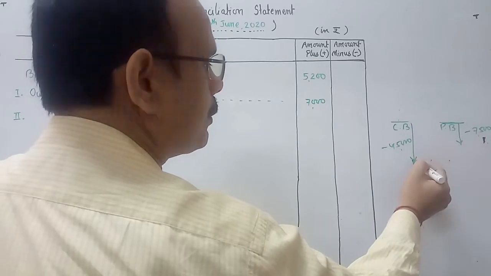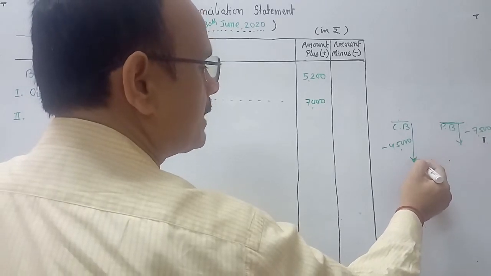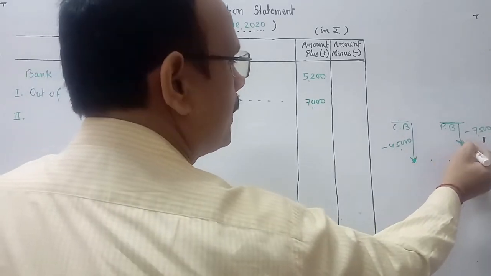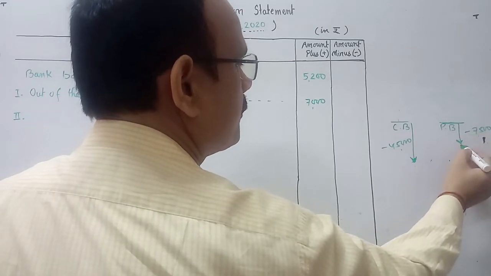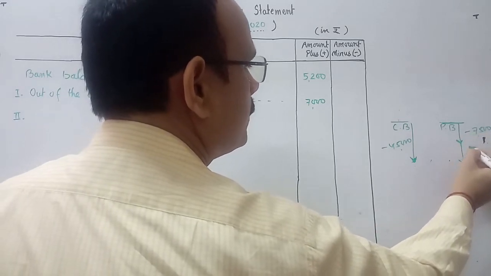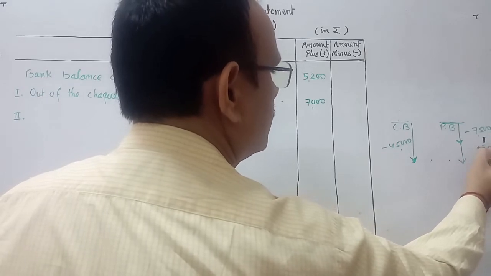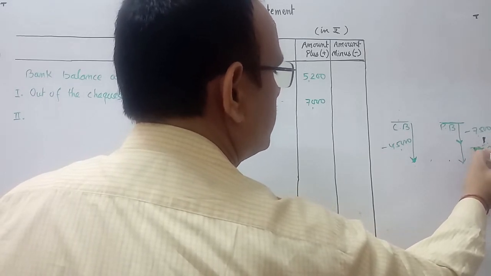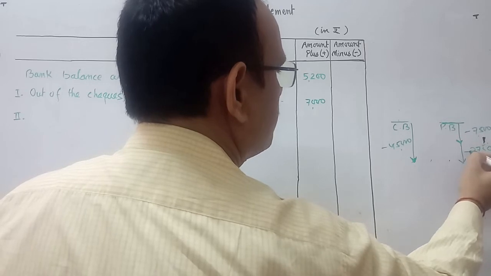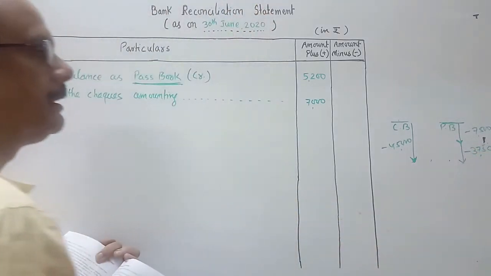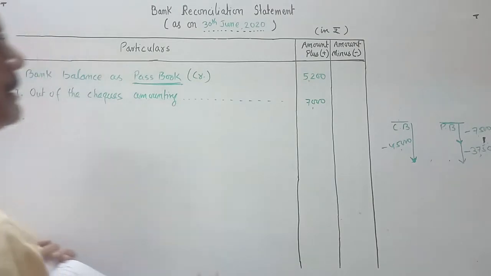To make the balance equal, here the cash book balance is minus 45,000 and the passbook balance is minus 7,500. How much amount will we deduct so that the balance of both sides will be the same? If you deduct 37,500, then the balance of both sides will be the same.